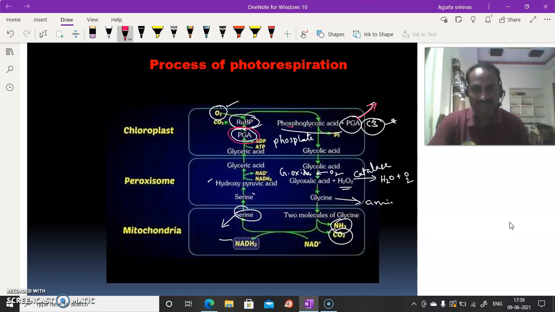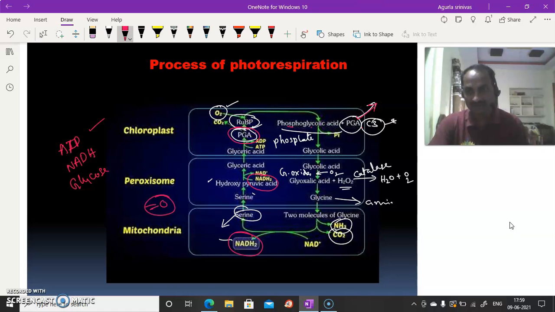Here you just see, have you observed any ATP or NADH or glucose production? No. Here NADH2 is produced and here utilized. So the net production of NADH2 is 0. So there is no production of ATP and NADH and glucose.